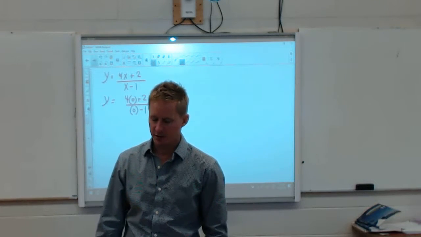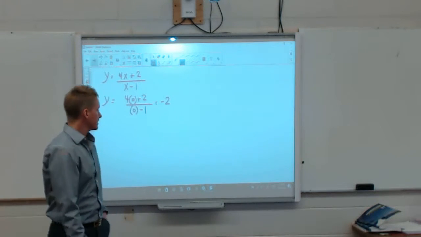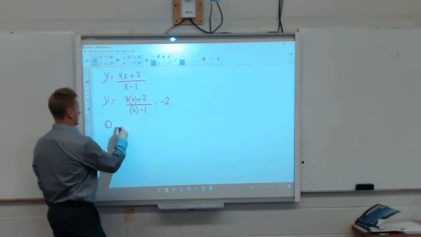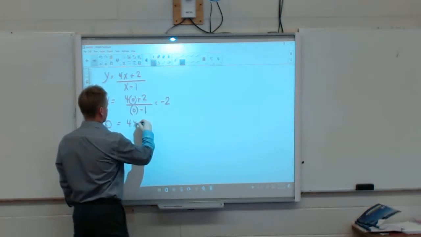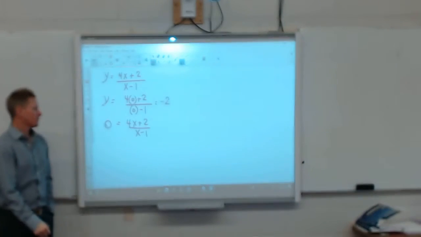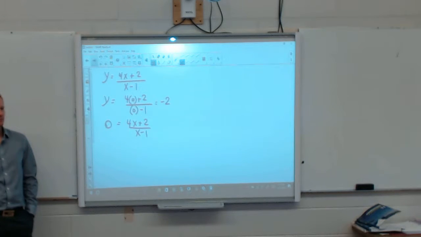Okay, so far, any questions? So there's where it's going to cross the y-axis. Let's find out where it's going to cross the x-axis. So what do I do now? Go ahead.